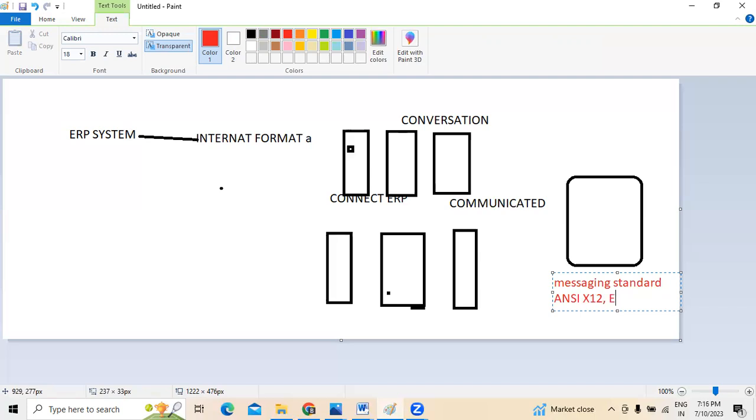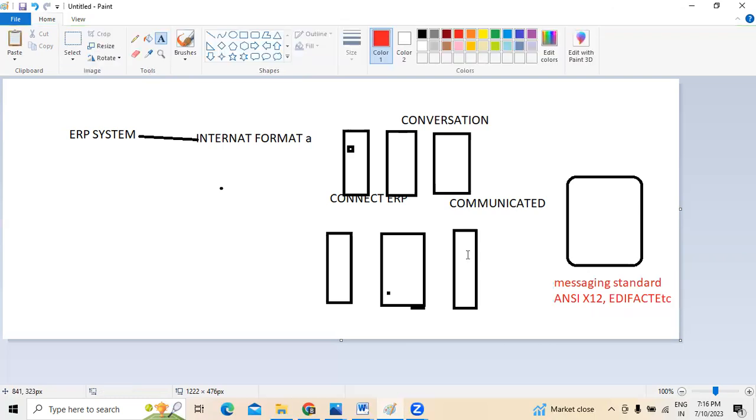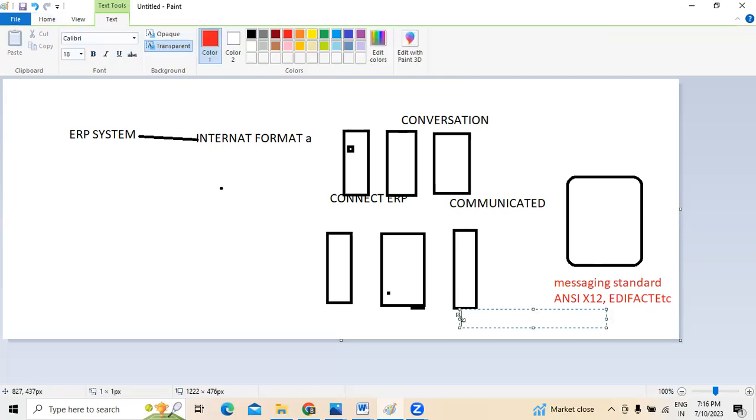At the same time, there are other standards, which are called EDIFACT, etc. Through these messaging standards, this information will be communicated first, because this is where we generally do the communication first, right? So here it has to be communicated.